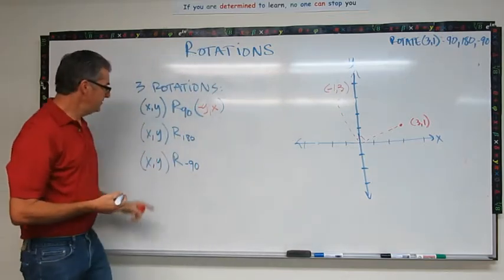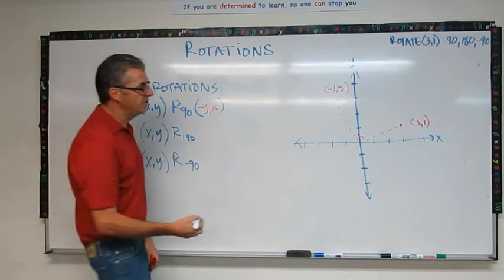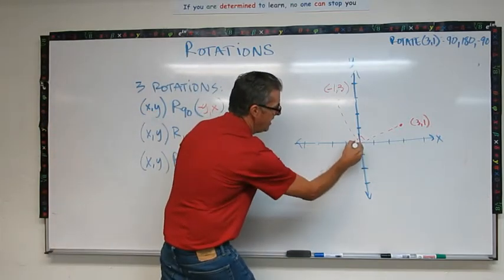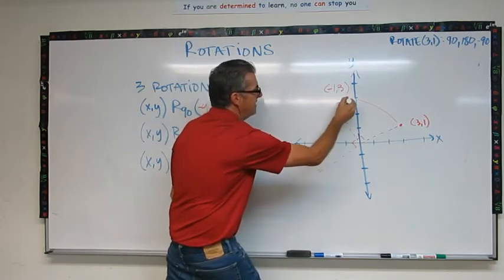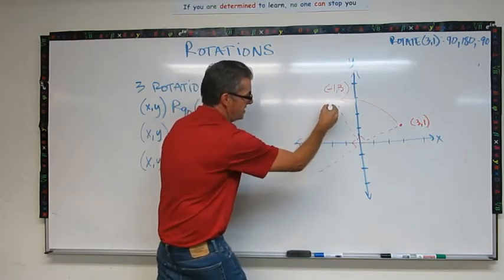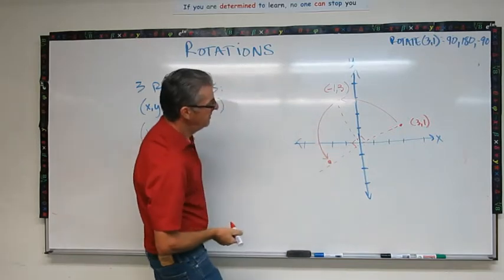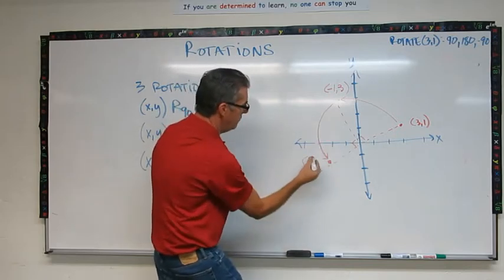Okay? Now let's do 180, which is just another 90 in the same direction. So it's going to make another 90-degree angle right there, and we're going to rotate. So this one rotated like that. This one's just going to rotate on down to right there. And what's that point going to be? (-3, -1).